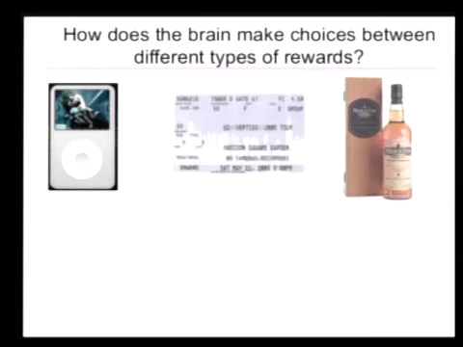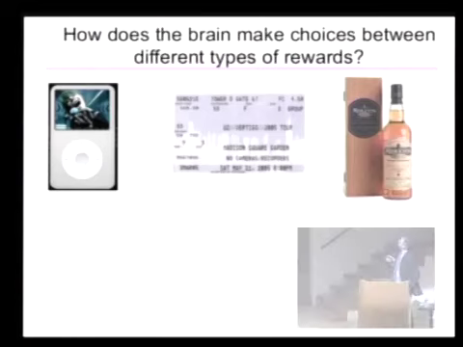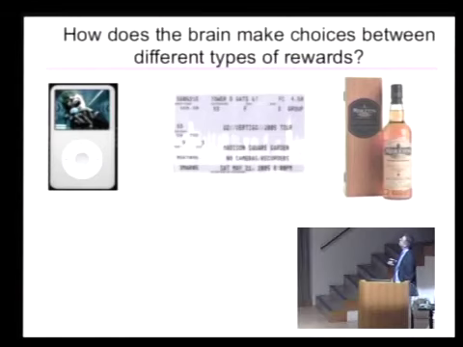Okay, now, the next thing I want to talk about is how does the brain make choices between different types of rewards? So, an economist would say that if you're encoding utility for something, it doesn't have to be the same good. It doesn't have to be just the utility for money or the utility for food.